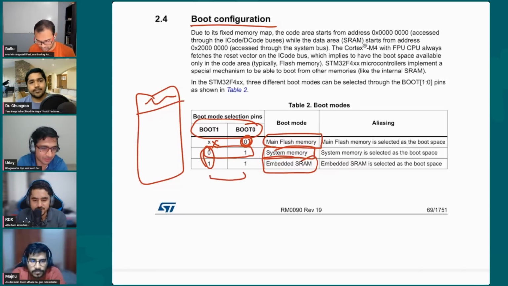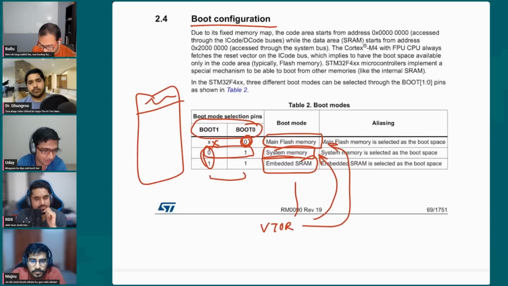We'll take the first case. Depending on the pin configuration, your VTOR would be pointing to that memory location, the starting address of one of these memories.